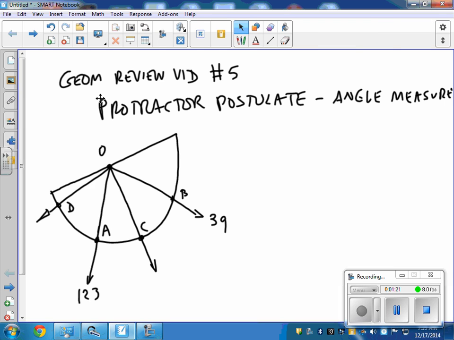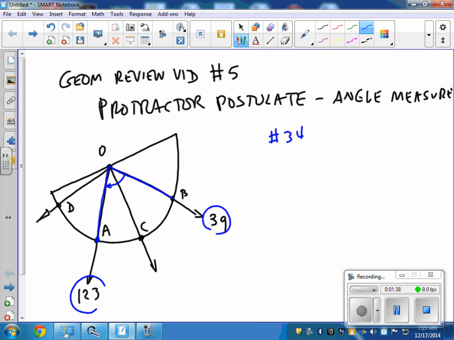Okay, so the first part of the problem, number 34. Number 34 says find the measure of AOB. What I would do is start from A, go to O, and then go to B. So this is the angle that we're looking for, this blue one. And we notice we have the two coordinates, and the protractor postulate says those number differences will measure the angle.